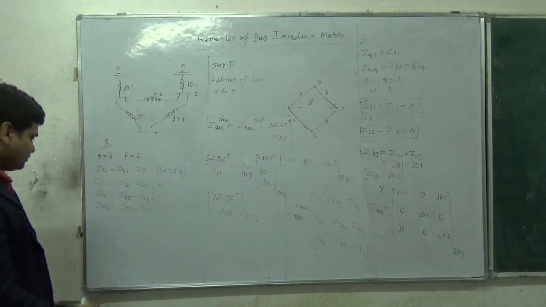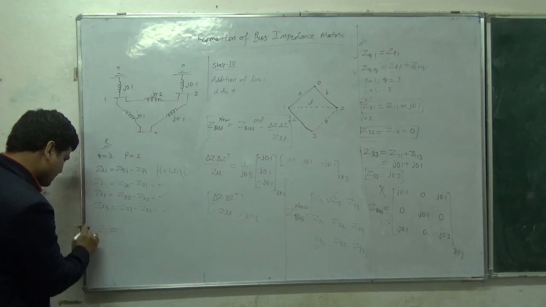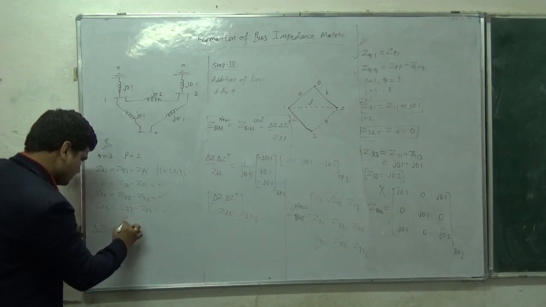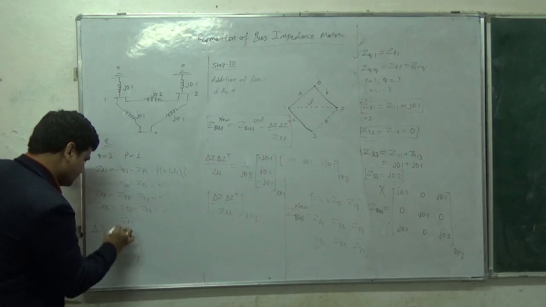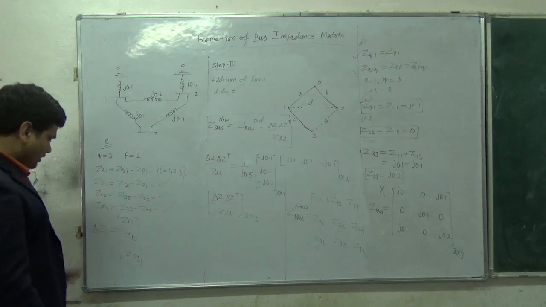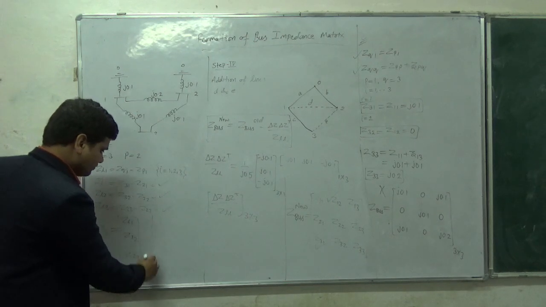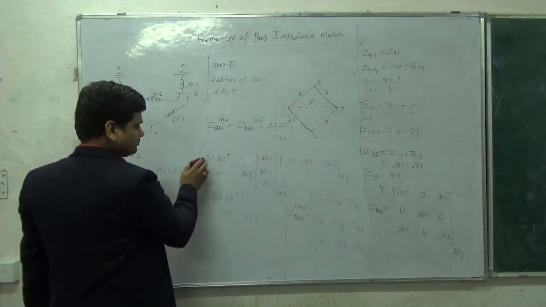This is the ZL. So now write again the matrix, that is del Z matrix. It is ZL1, ZL2, ZL3. Okay. Now find the ZLL.